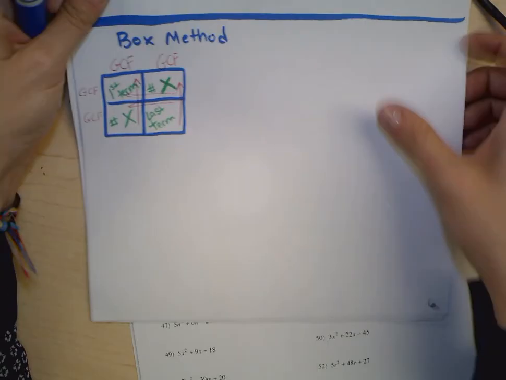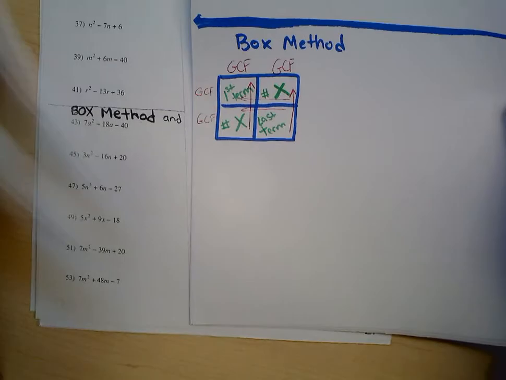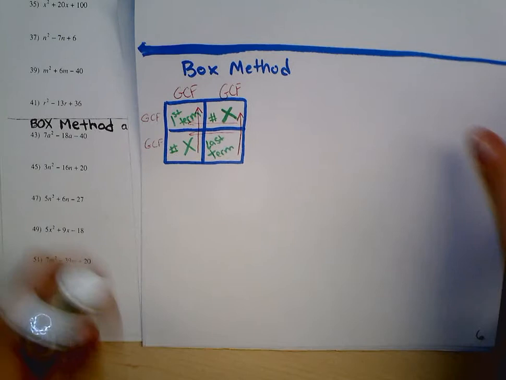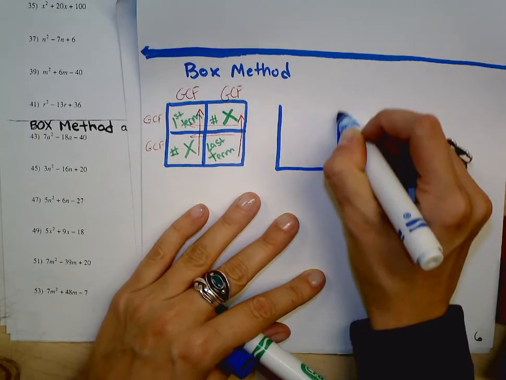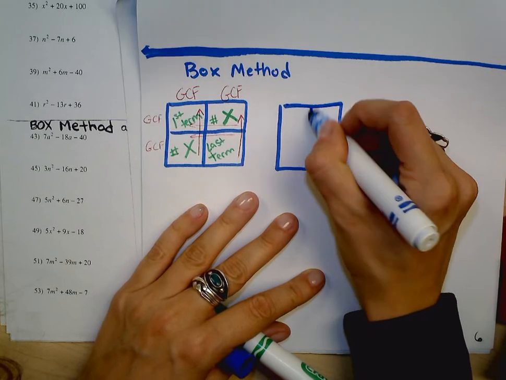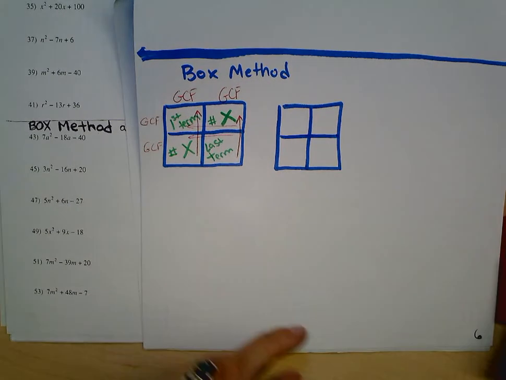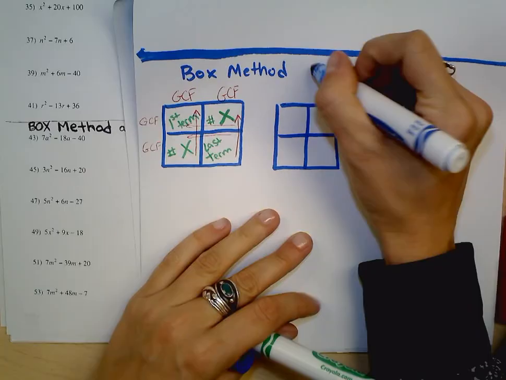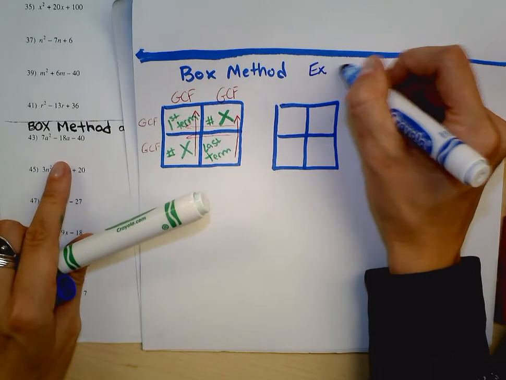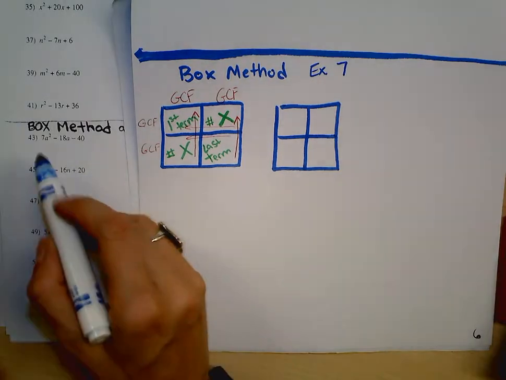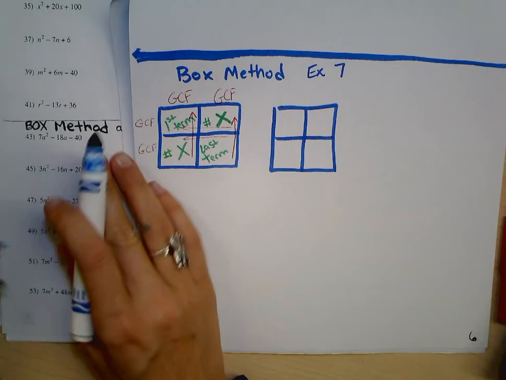Okay, now let's actually do an example so this will make more sense. Let's set up the box for problem number 43. So I'm setting up my box. The example that we're doing here is 7x squared minus 18x minus 40. I'm just going to change the A's to X's to be more generic.